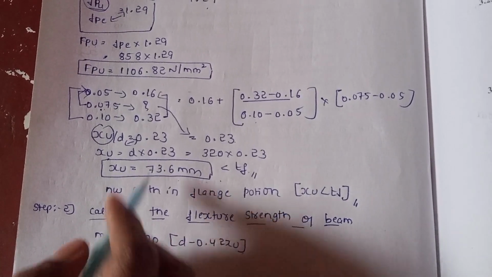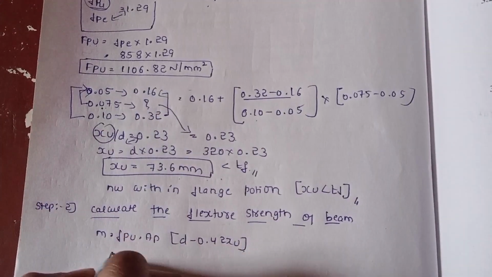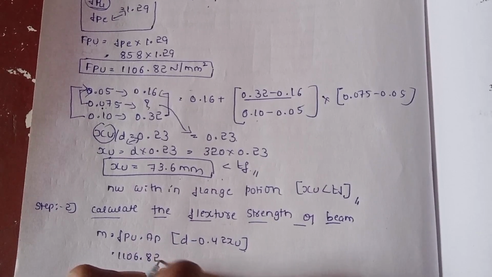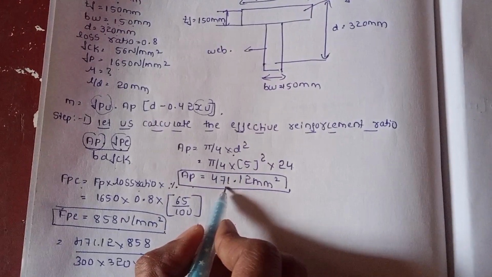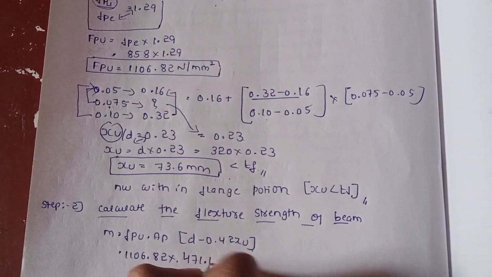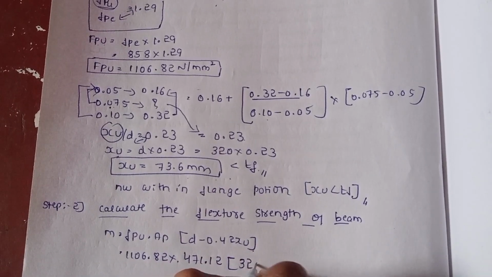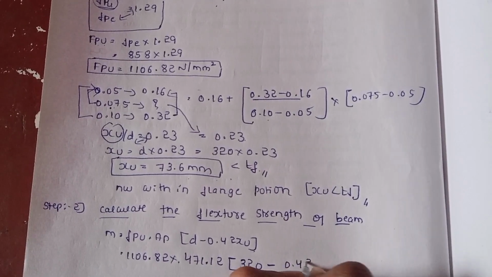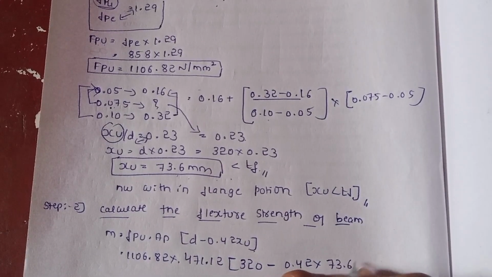The FPU value is 1106.82, into the AP value, 471.12, bracket open, D is given in the question, effective depth 320, minus 0.42 into the XU value, 73.6 mm.